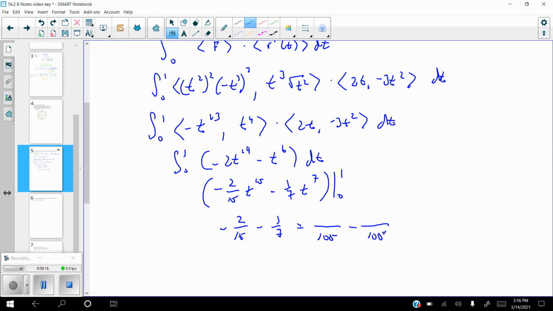So the first one's going to get multiplied by 7, so that would be negative 14. Forgot my negative. And the second one's going to get multiplied by 15, so we're going to get 15. So it looks like we're going to get negative 29 over 105, which, because this is negative, tells you that in general or overall along this path, your vector field actually was working against the path of your motion, because you ended up with a negative overall amount of work. So that's what that's indicating.